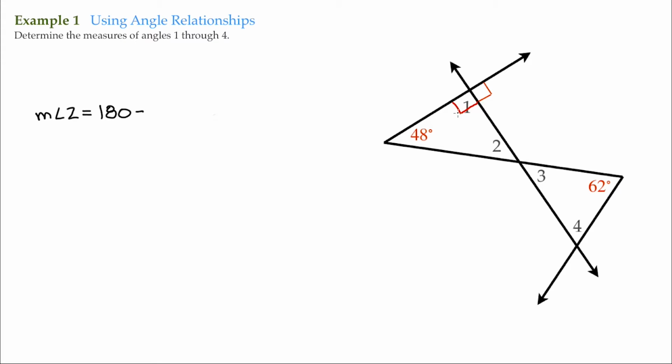But I'll subtract out the 90 degrees here, this angle 1 here. And I'll subtract out the 48 degrees here. So 180 degrees minus 90 degrees minus 48 degrees, that leaves us with 42 degrees. So the measure of angle 2 has got to be 42 degrees, and I'm just going to pen it in right here.